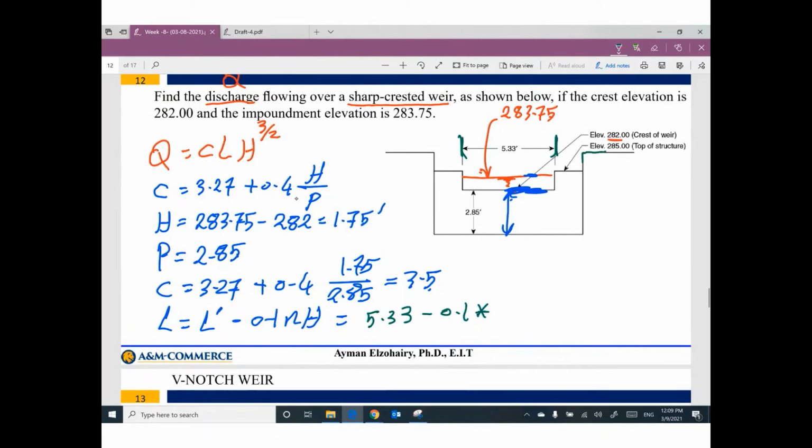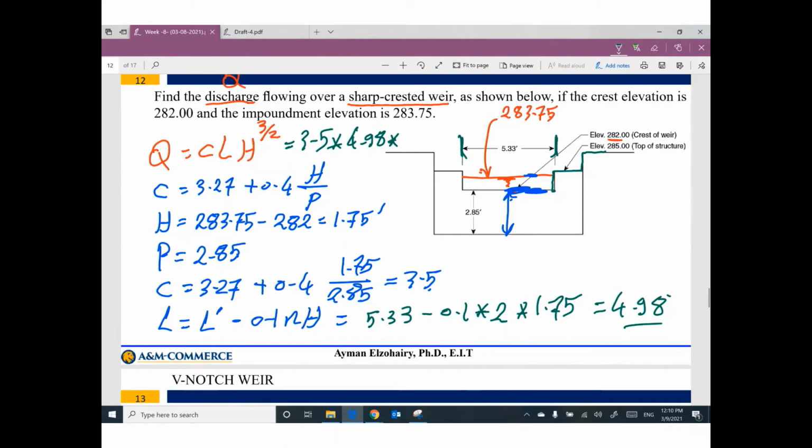We have first contraction, second contraction, so we have two contractions. H is 1.75. So we can figure out the value: 4.98. We are done. So C equals 3.5, L equals 4.98.